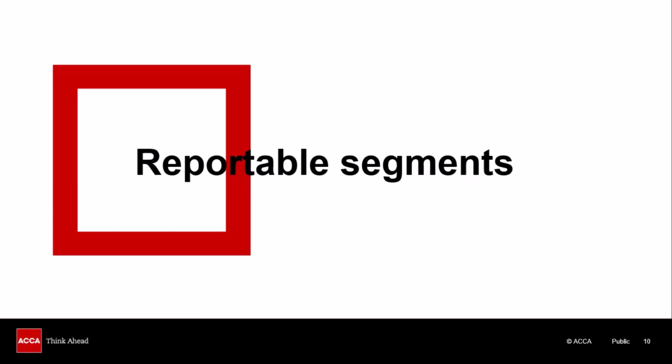Remember that function? The chief operating decision maker. And they need to review this financial information to make decisions about resource allocation and performance evaluation. Now, the question is, when does the operating segment become a reportable segment?